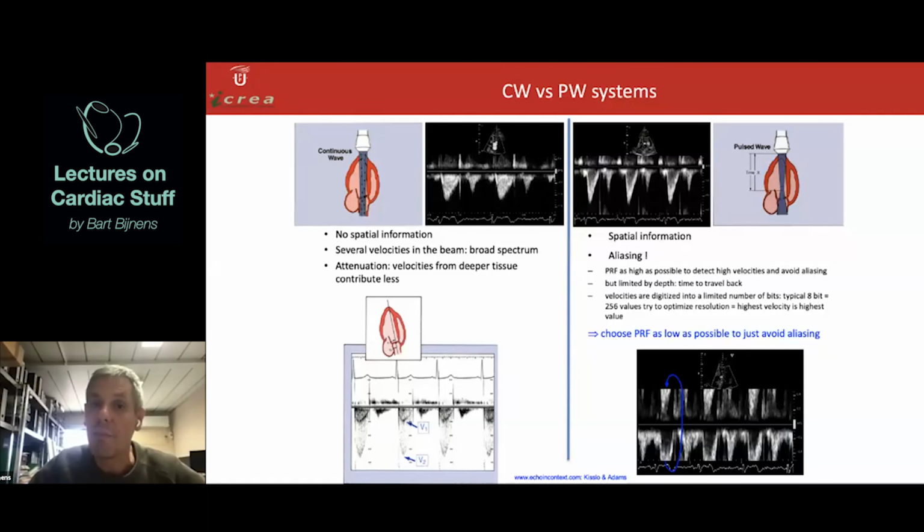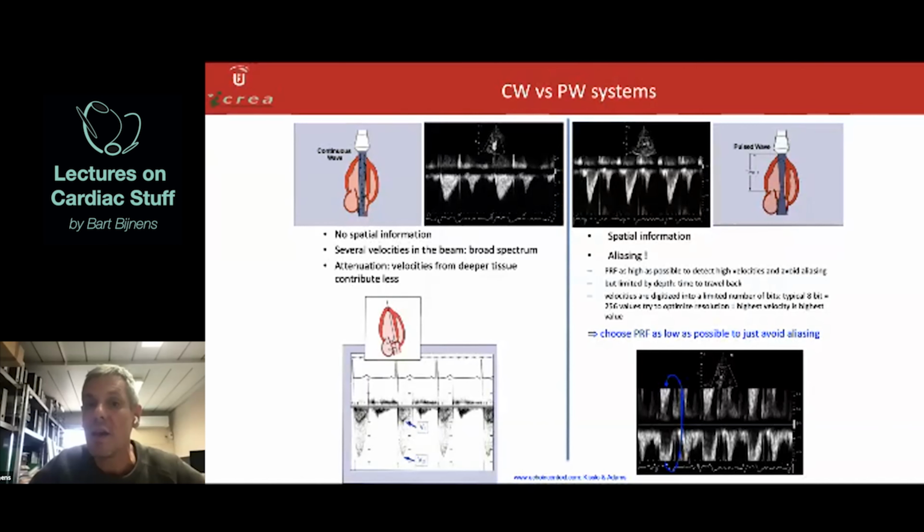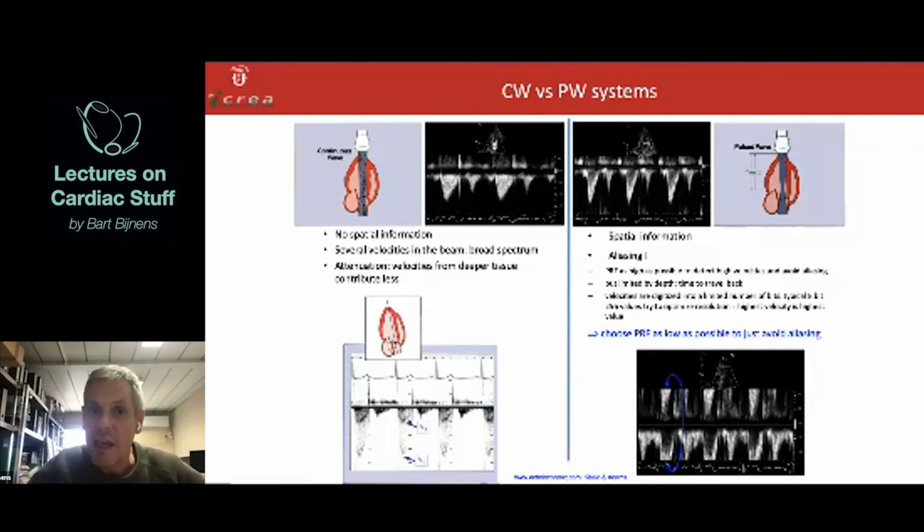On the other hand, we have pulsed wave systems where we can put a sample volume at a specific place, and we only measure the velocities present there. What you see here is that with this envelope the middle is not filled anymore. This range of velocities is what is within the sample volume.